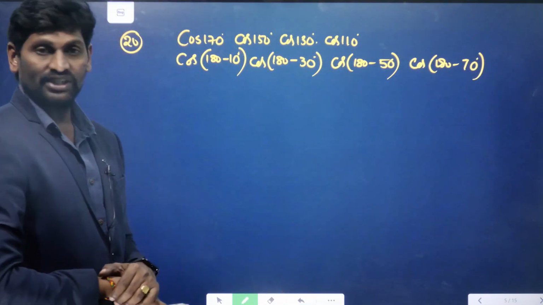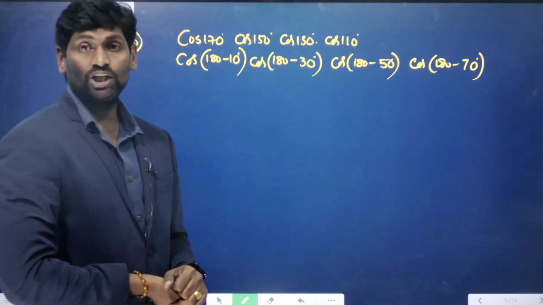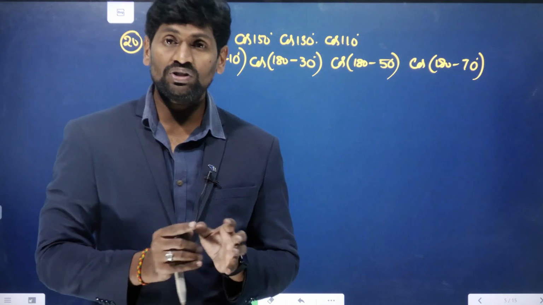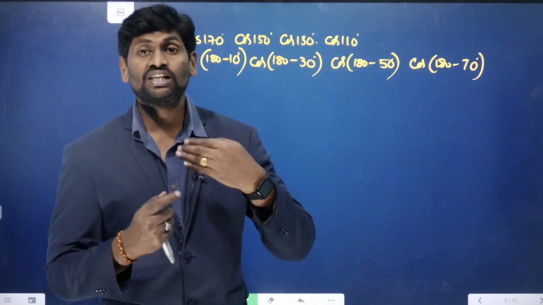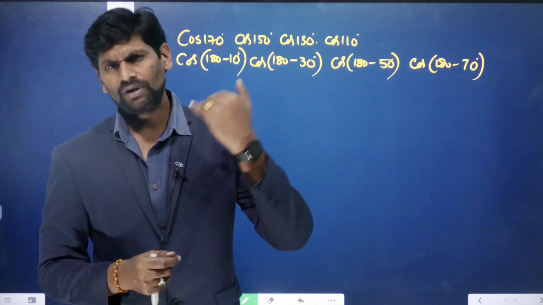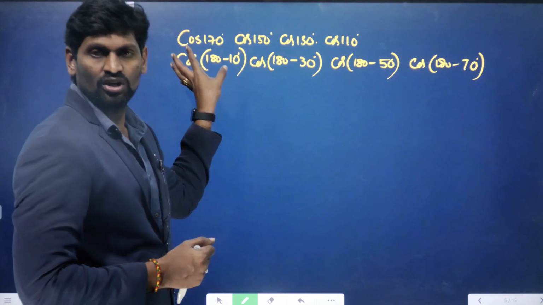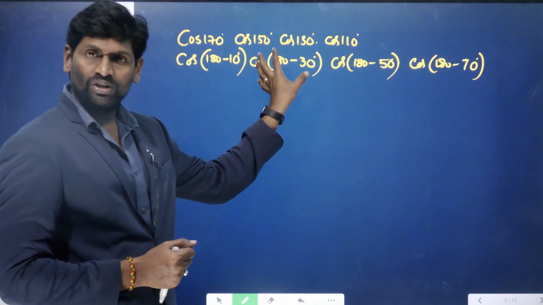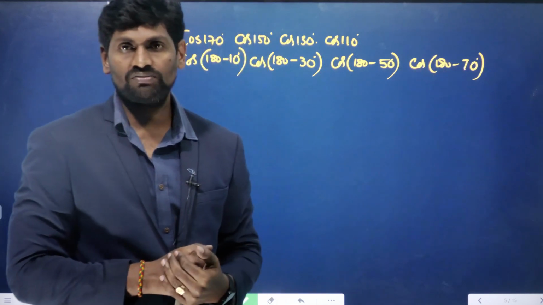Yeah, so check this one. Cos of 180 minus is in the second quadrant. In the second quadrant only sine and its reciprocal, cosecant, are positive. All the remaining are negative. So because it is the second quadrant, cos becomes minus. The second term is also in the second quadrant. Minus, minus, minus, four times minus symbols will come.